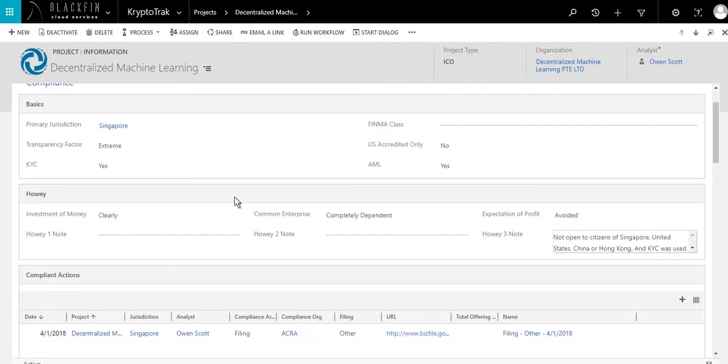So there's really no point in even mentioning the Howey test, because unless it can be proved that, and they did do KYC and they did do AML, they're kind of off the hook.